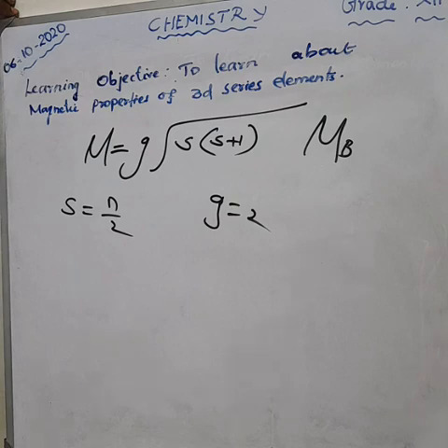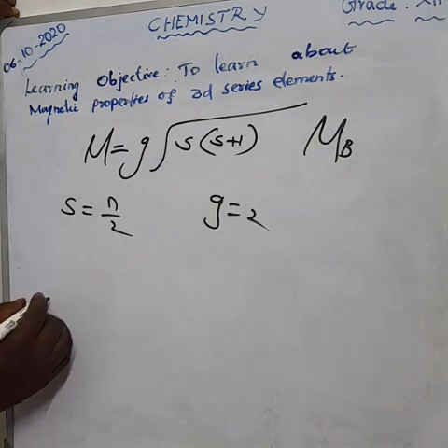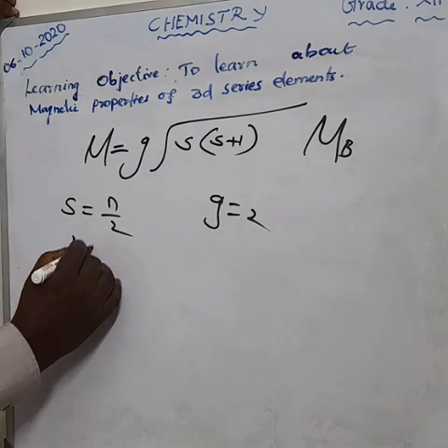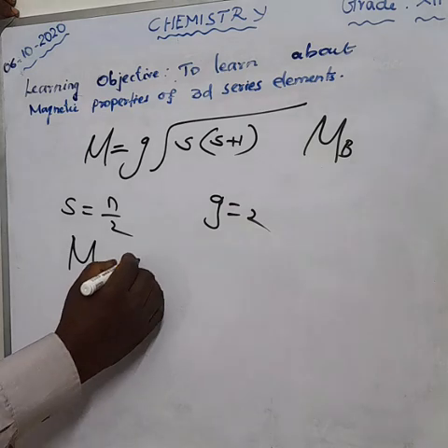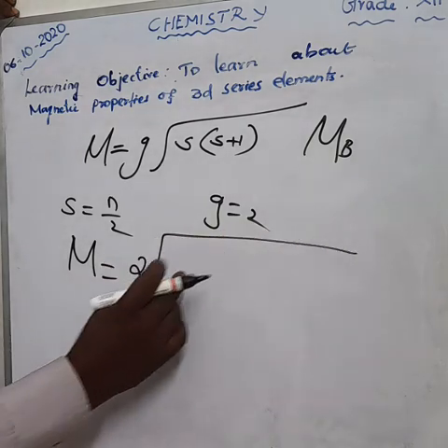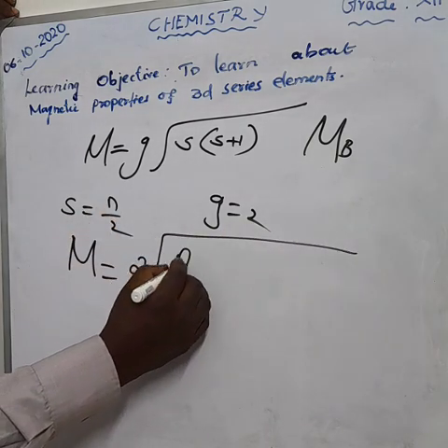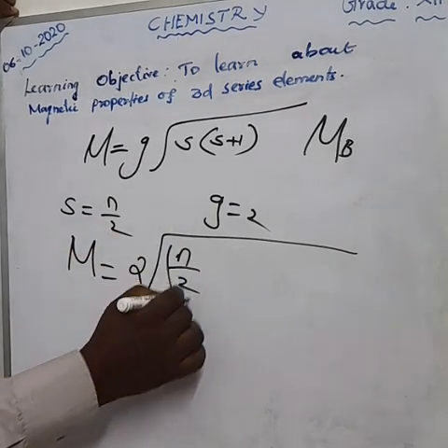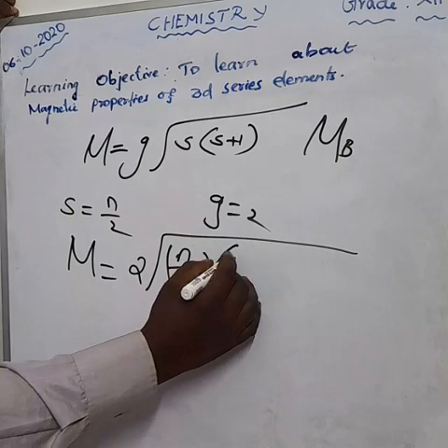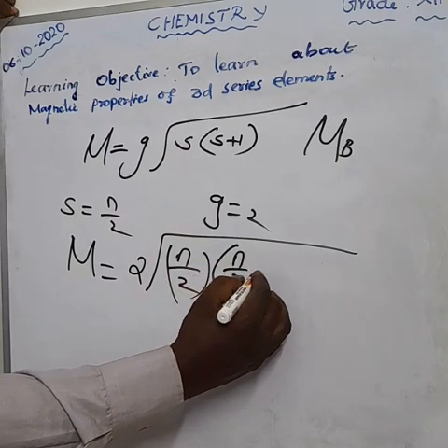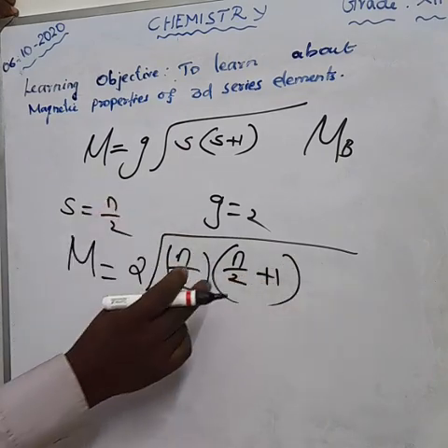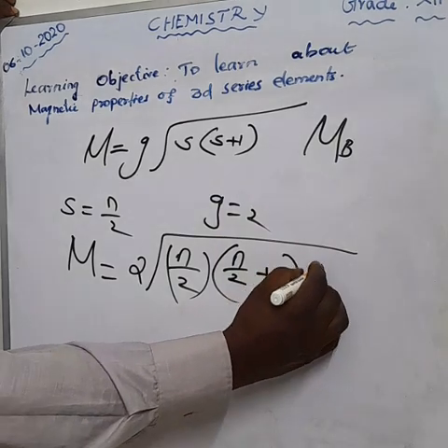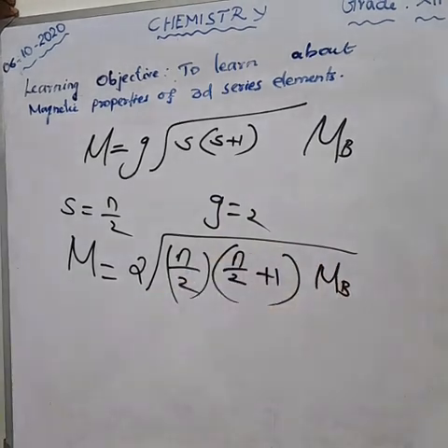Therefore, the spin magnetic moment is given by mu is equal to 2 into root of n by 2 into n by 2 plus 1, in Bohr magnetons.